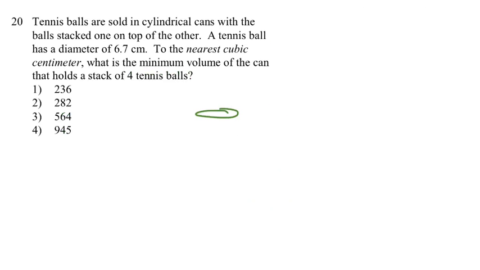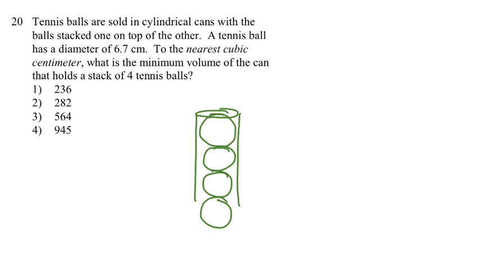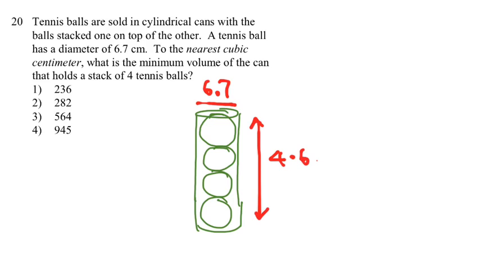Alright, number 20. So we have a cylindrical can that can hold 4 tennis balls here. And then we'd like to find the minimum volume of that. Since the diameter is 6.7, height must be 4 times of that, because we have 4 balls stacked up into one another.